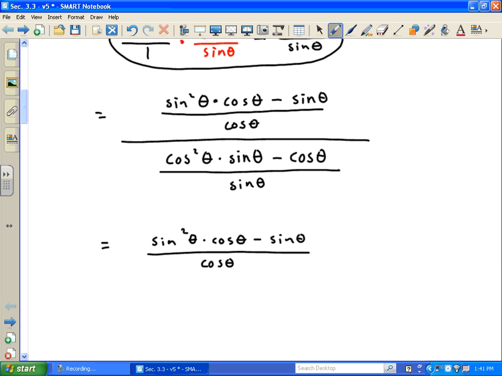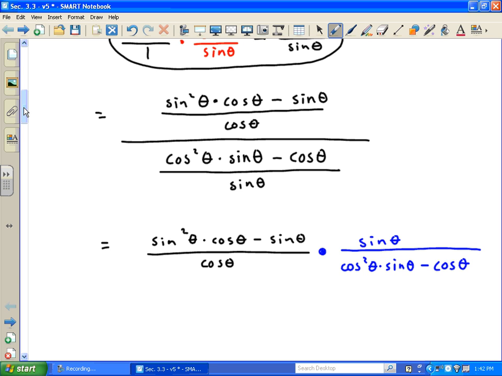That's the fraction I kept. Then I need to multiply by the flipped version of the denominator. That would be sine of theta on the top, and then cosine squared of theta times sine of theta minus cosine of theta in the denominator.